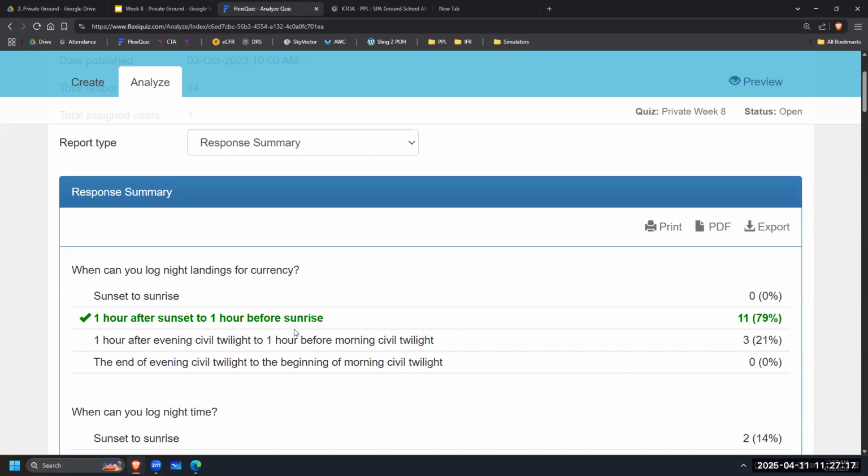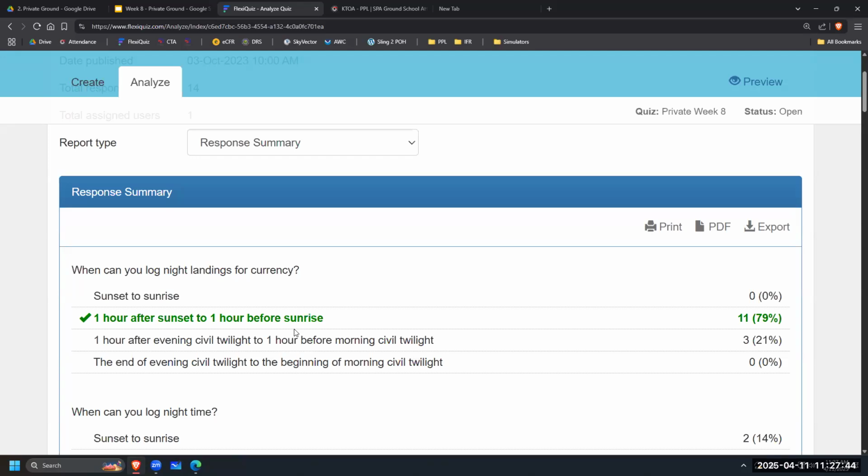So the second operation would be 30 minutes past sunset, 30 minutes prior to sunrise. You're allowed to log the nighttime. But technically, if you left 30 minutes past sunset, you could not log the takeoff as a night takeoff.